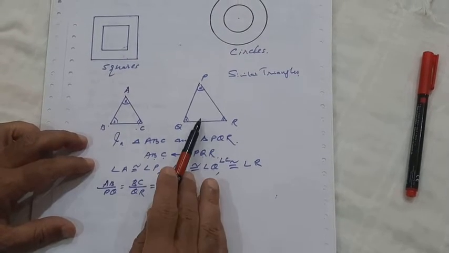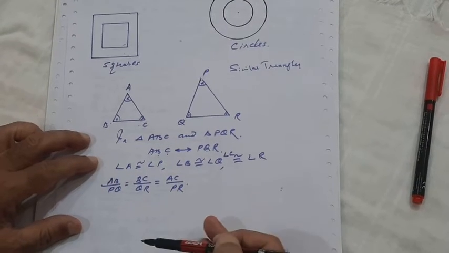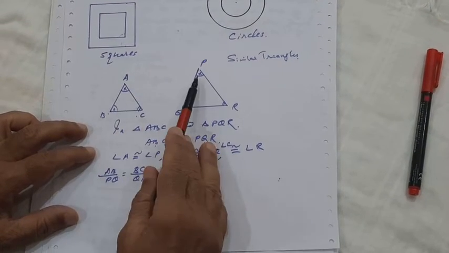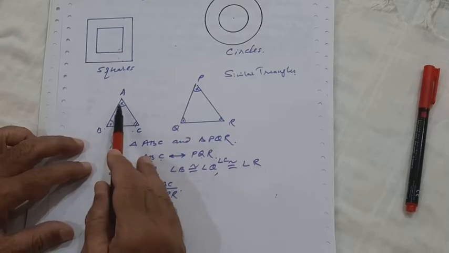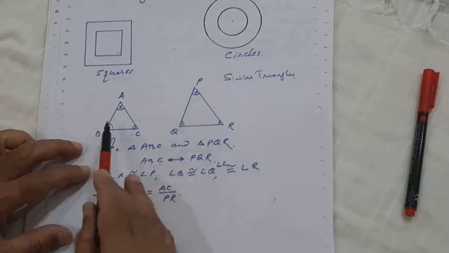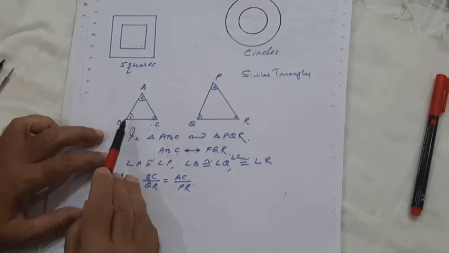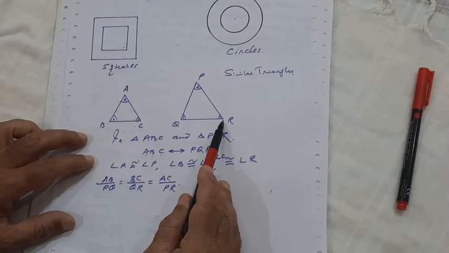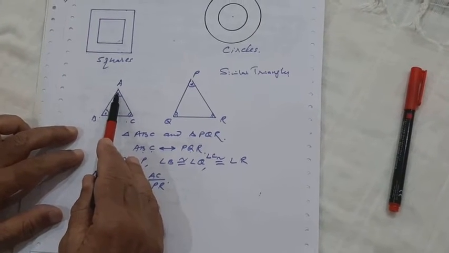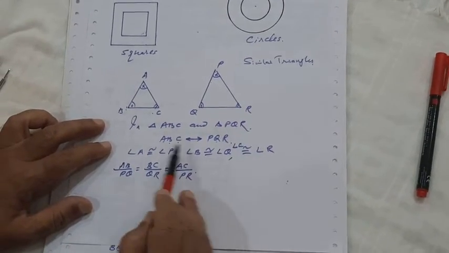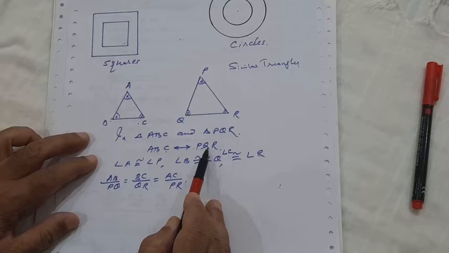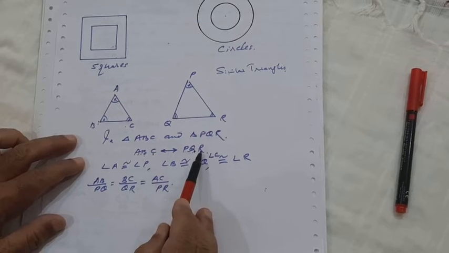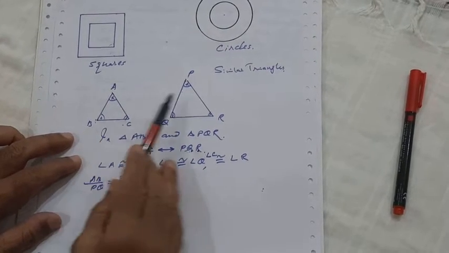So if the two triangles are similar, then these three conditions should be satisfied. Angle A should be congruent to angle P, corresponding angles. These congruent angles are shown by identical symbols. Angle B is congruent to angle Q, and angle C is congruent to angle R. And the ratio of the sides, AB upon PQ is equal to BC upon QR, is equal to AC upon PR.